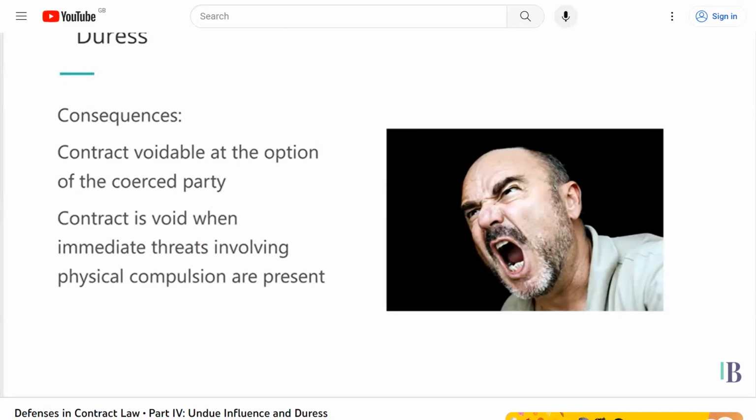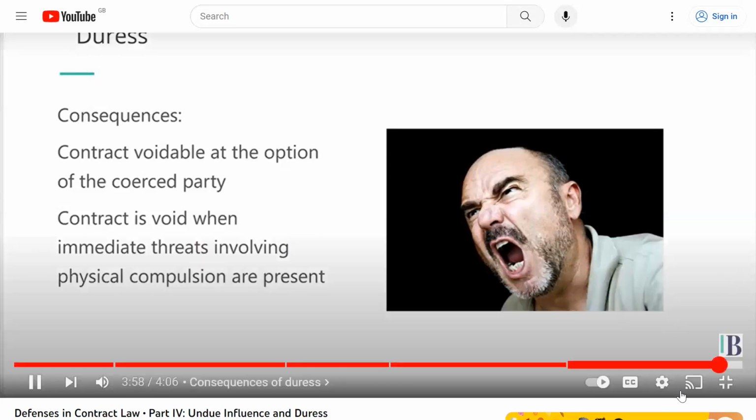In contrast to the first scenario, the contract never forms and therefore the coerced party doesn't retain the option not to raise the defense. This scenario would include, for instance, a party that points a gun to another person's head and forces that person to sign a contract against their will. In this scenario, the contract would be invalid.